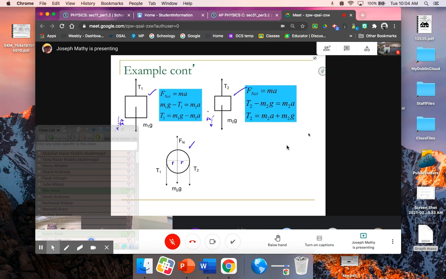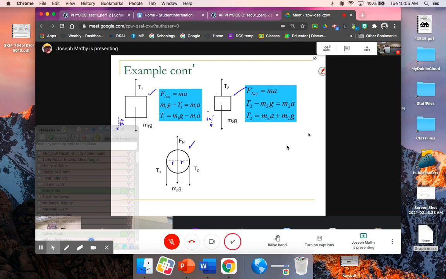All right, let's go back over to here now. T2 minus M2G equals M2A. What? Why is this one minus on this side? Well, because this is going up.